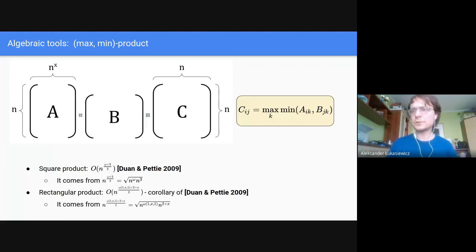And actually, we can use a slight modification of the algorithm of Duan and Pettie to also compute the rectangular max-min product. Again, the ideas here were similar to what we have just seen, because basically the complexity comes from the fact that we balance two terms, one that comes from matrix multiplication and one from brute force computations.